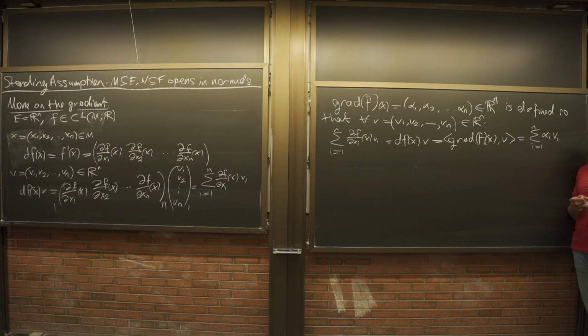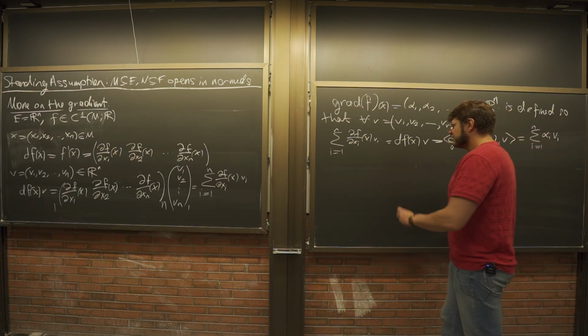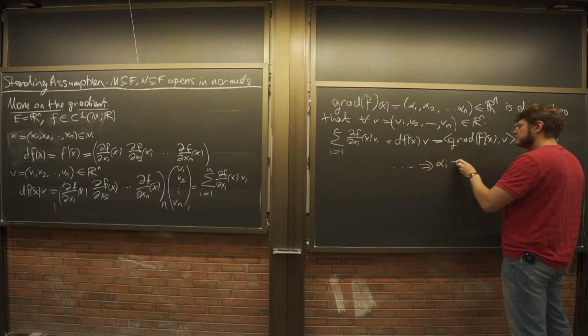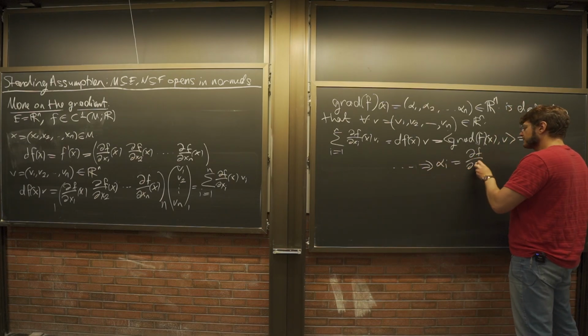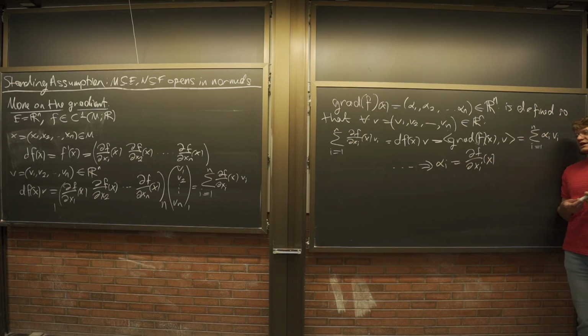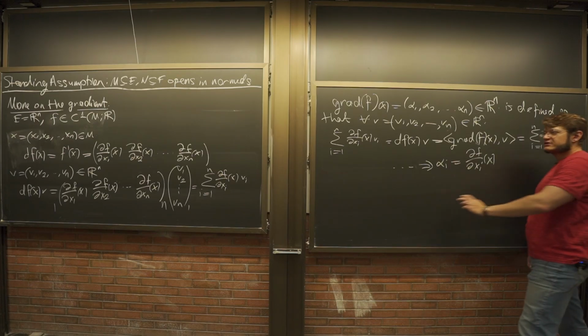How do I justify that if this is equal to this, then in fact alpha i is the ith partial of f at x, just from this being equal to this?